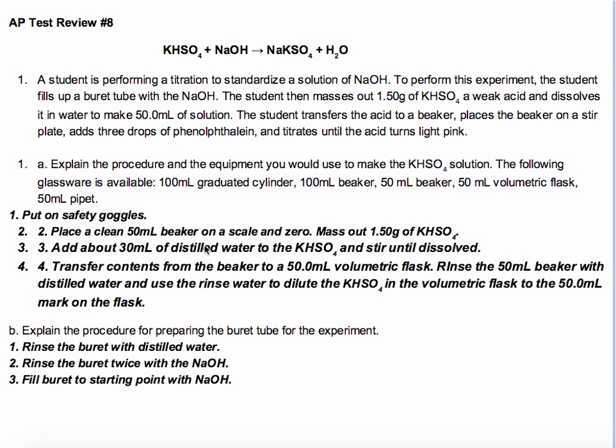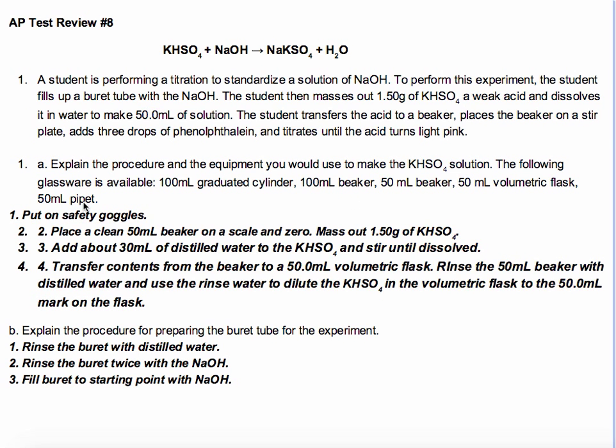And then you transfer it to a volumetric flask. A volumetric flask is a very good way to make a solution with a specific volume, so it's usually the tool of choice. Sometimes, however, they want you to know how to dispense a liquid.